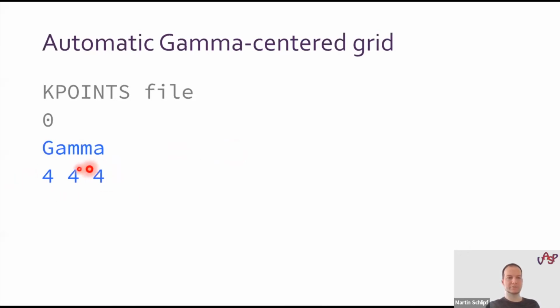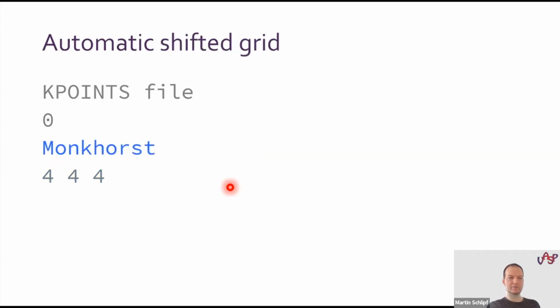This case, of course, is a homogeneous mesh, but if your system is not isotropic, then you want to change this to different meshes. You can then change to a shifted mesh by replacing Gamma with Monkhorst, and then we will choose this off-centering of your k-point mesh.